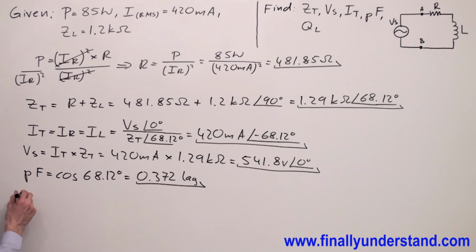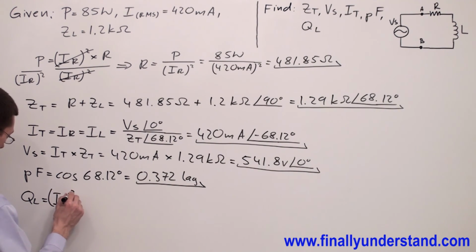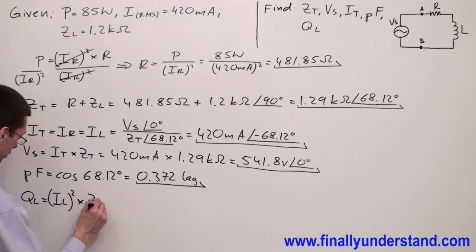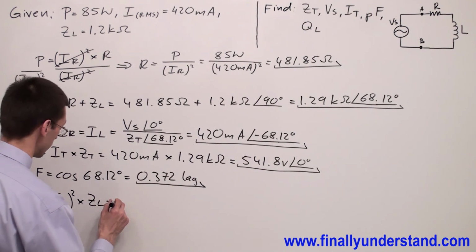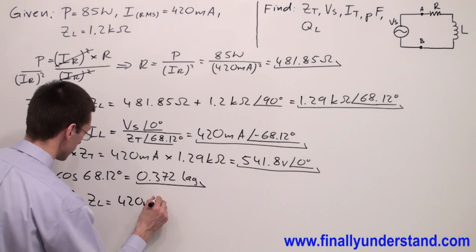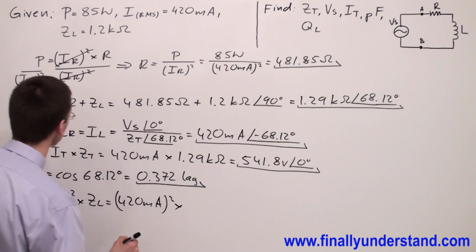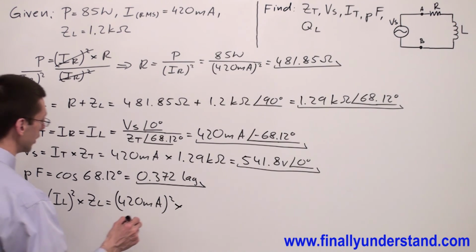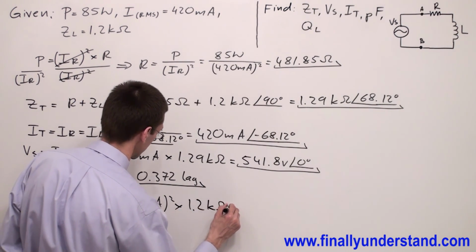Next, I'm supposed to find Q_L, reactive power. Q_L is equal to I_L square times Z_L, where I_L is equal to my current 420 milliamps raised to the second power times Z_L, which is equal to 1.2 kilo ohms.